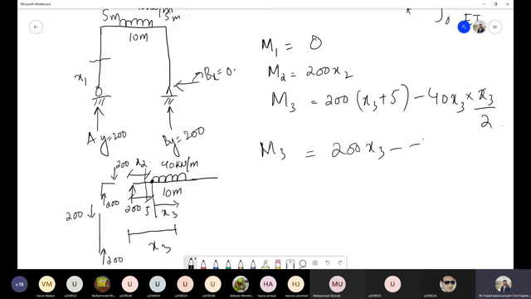So that will be minus 40 into x3 minus 5, into x3 minus 5 by 2. So that will be the equation of moment if I take the reference, the starting point of this particular member. So any confusion about these two equations?